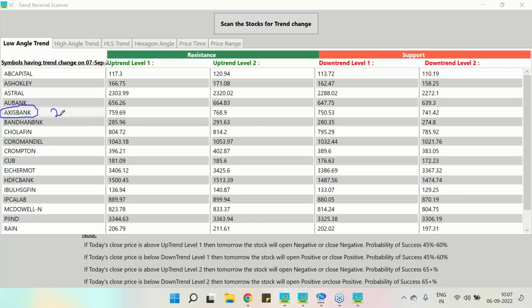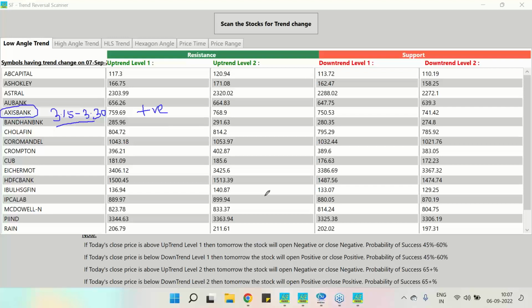Today, between 3:00 and 3:30, around 3:15 to 3:30, is the period in which you will be entering your trade. If Axis Bank gives a positive closing, then you can expect tomorrow Axis Bank will open negative or close negative.